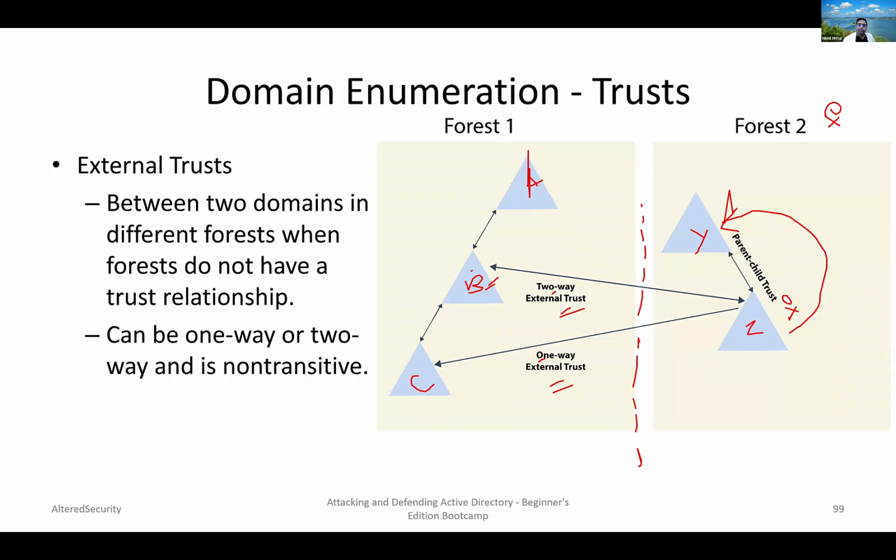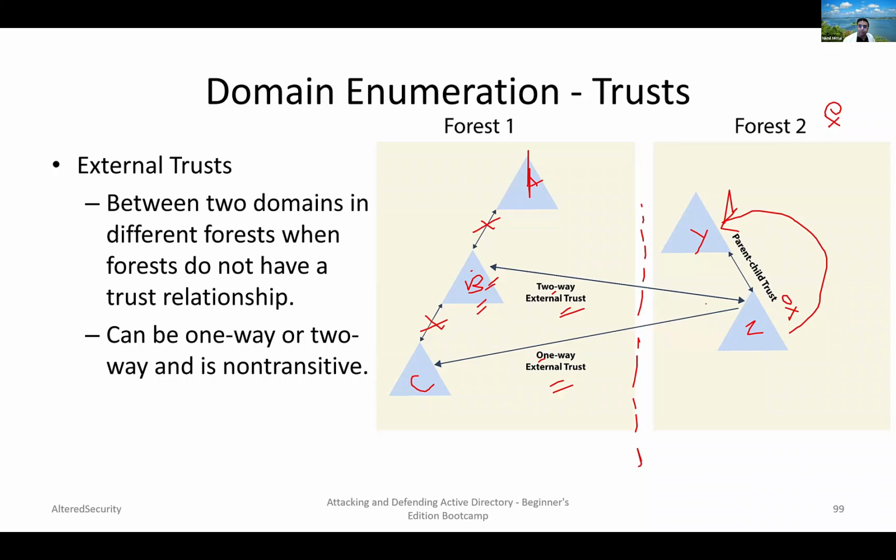Now, a question is, can we go from Z to B and then B to C? You cannot unless you have access to a resource on B that provides you credentials of, let's say, the domain admins on B. Otherwise, you won't be able to, because it is an external trust. There is no transitivity.